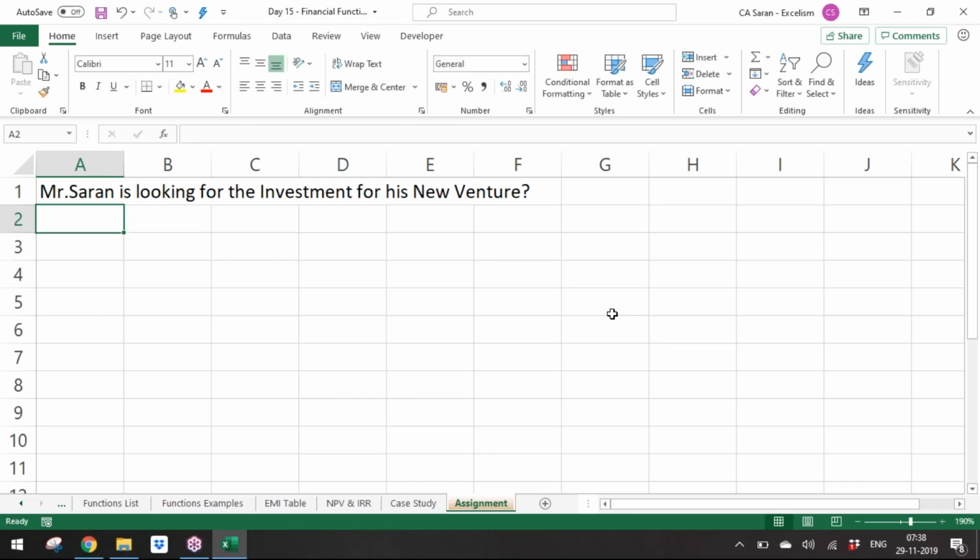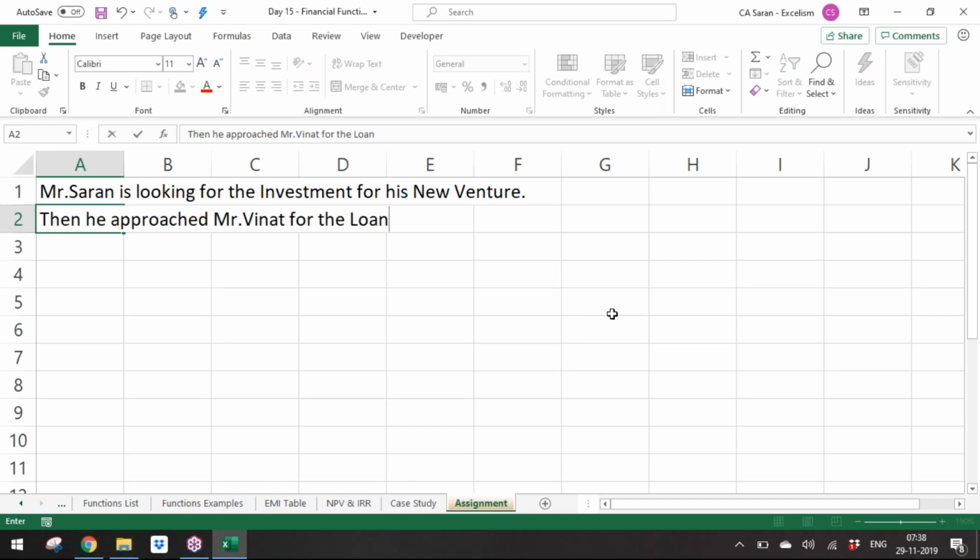Mr. Sharon is looking for an investment for his new venture. Then he approached Mr. Vinat for a loan. Mr. Vinat agreed to lend, let's say, 5 crore rupees.